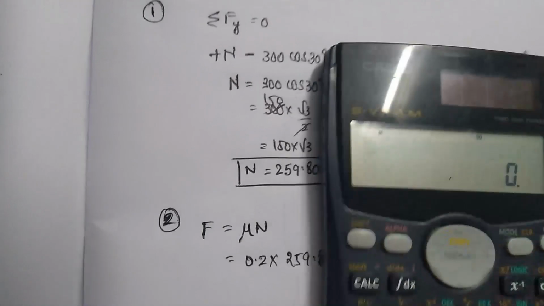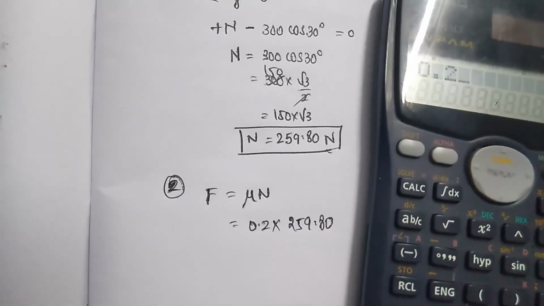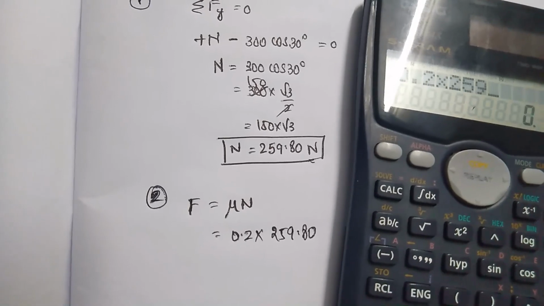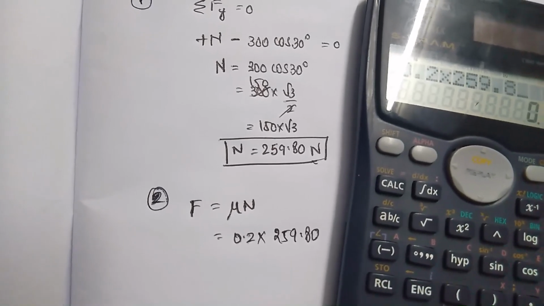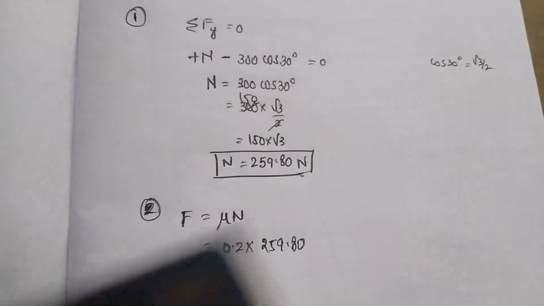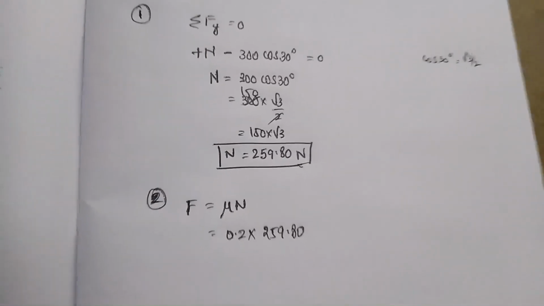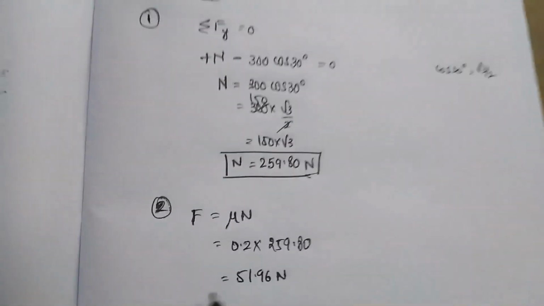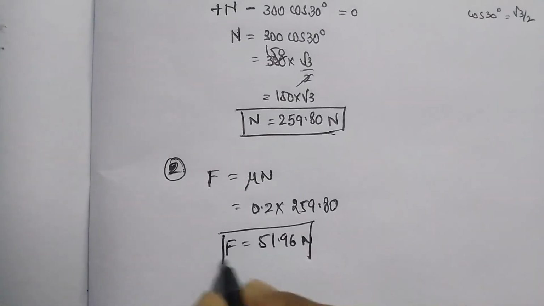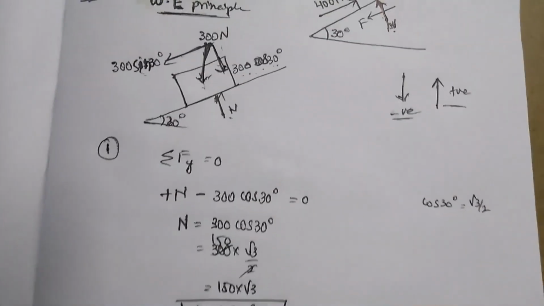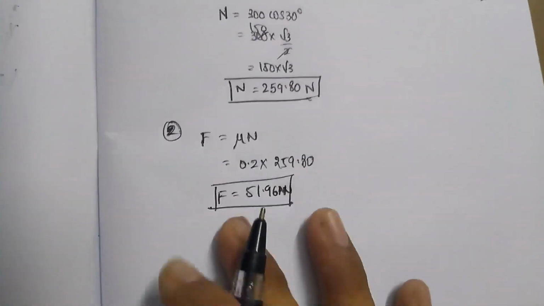If we multiply this, 0.2 into 259.80 is equal to 51.96. That is, F equal to 51.96 newtons. We have completed the second step.